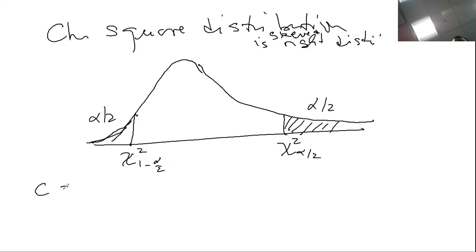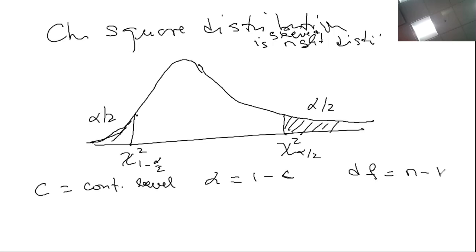If C is a confidence level, alpha is equal to 1 minus C. Degree of freedom equals n minus 1.